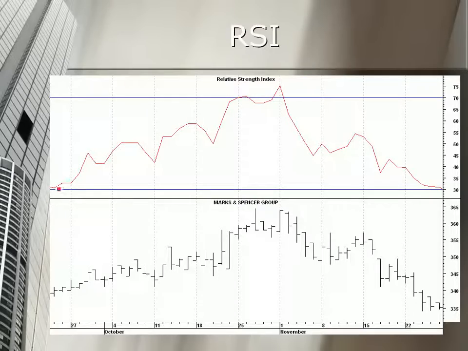Now you could argue, well, wait a minute, if I looked at this and I entered just as it moved above there and sold whenever it crossed below this line, so at that point there, for instance, I would have made quite a good return. There. Got out and got in here.